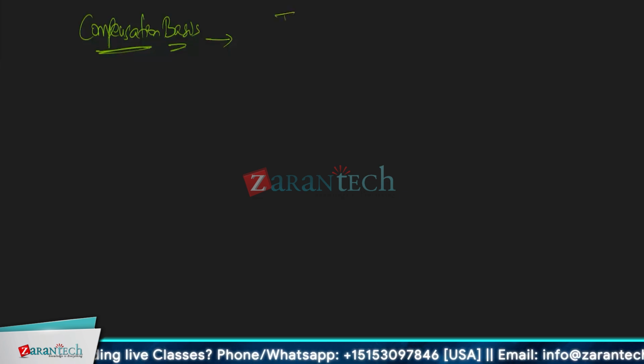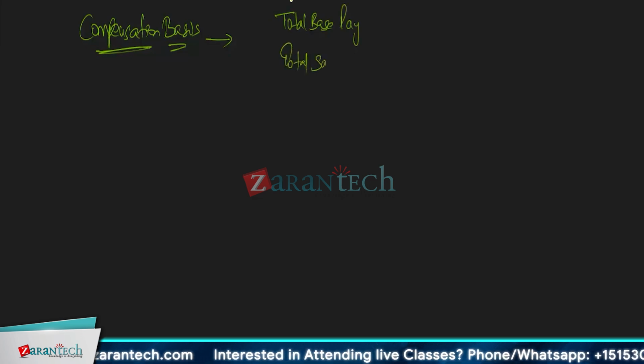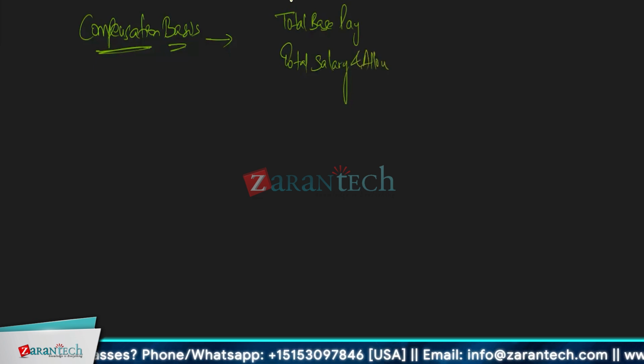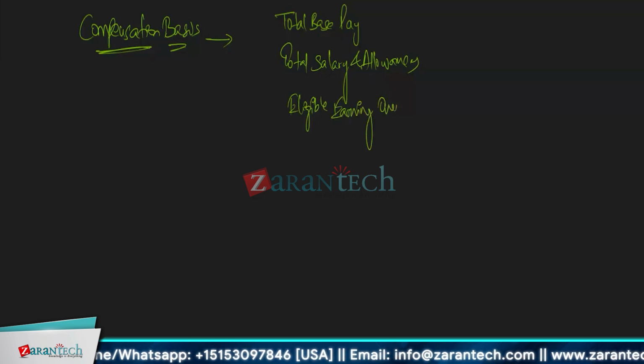They are called total base pay, total salary and allowances, and eligible earnings override. So these are the three delivered compensation basis.